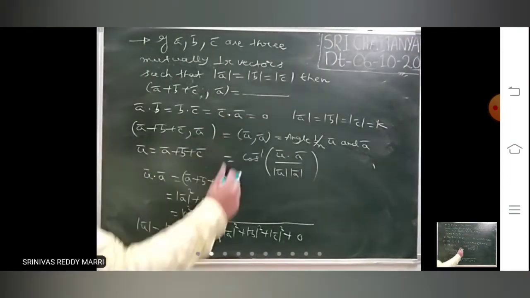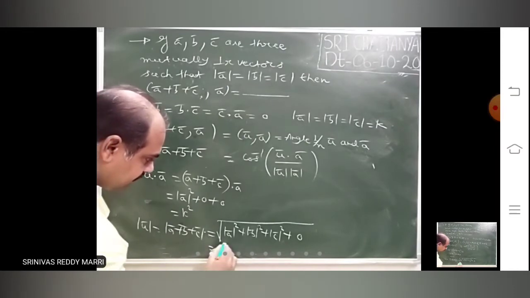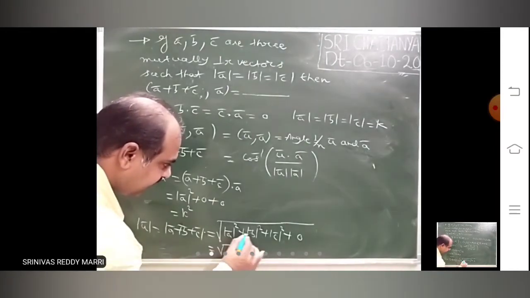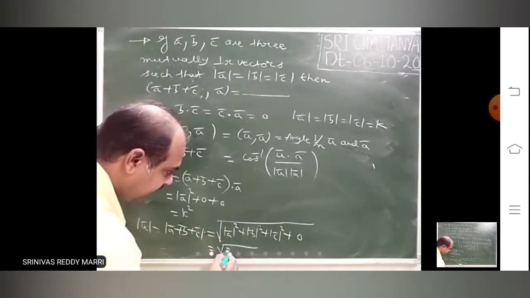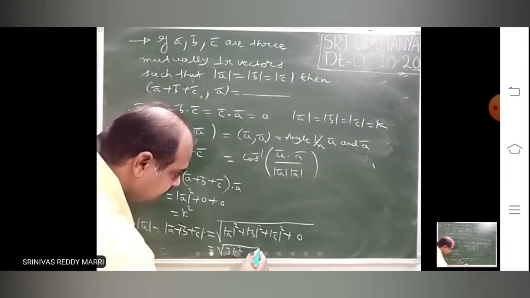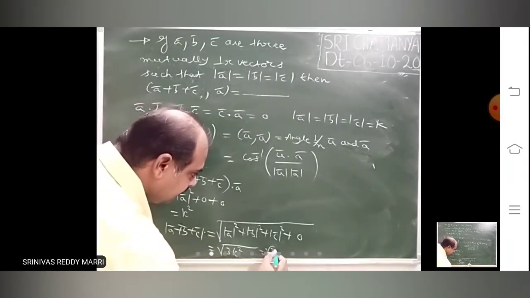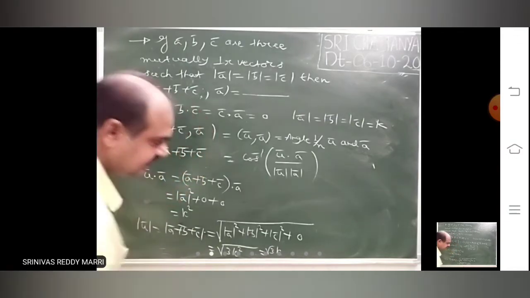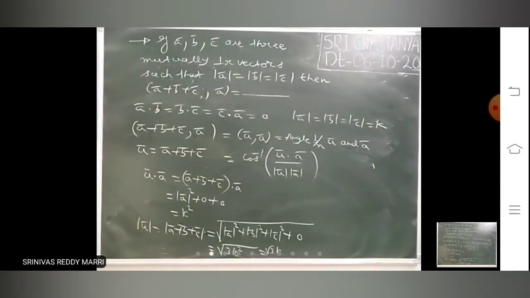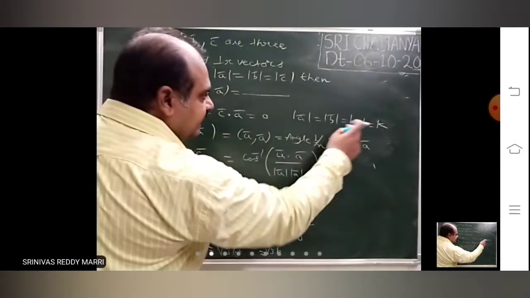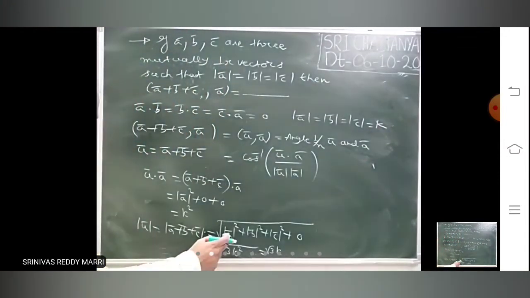Those are all zeros, given. That means root of k square plus k square plus k square, that is 3k square, which means root 3 k.